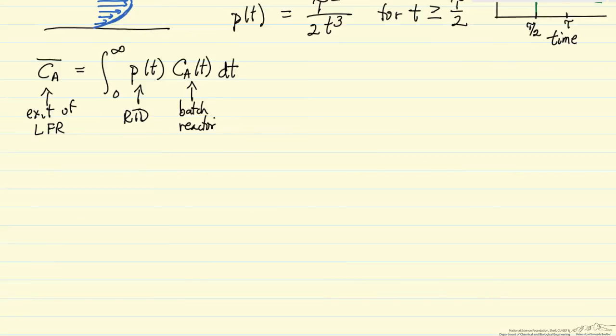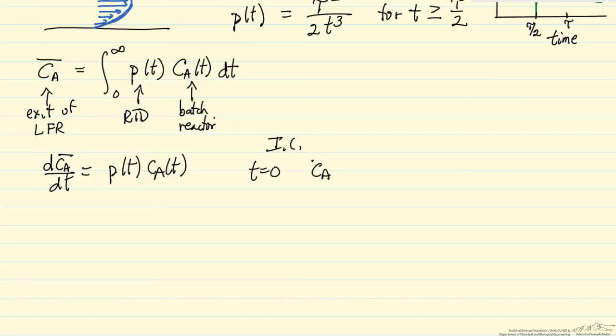We can make this a little easier to do the calculation by just differentiating this equation. And then we're going to solve this differential equation, where, of course, the initial condition at time equals 0 is Ca bar equals 0. If we go back to this equation and integrate only to time 0, then the average concentration Ca is 0.